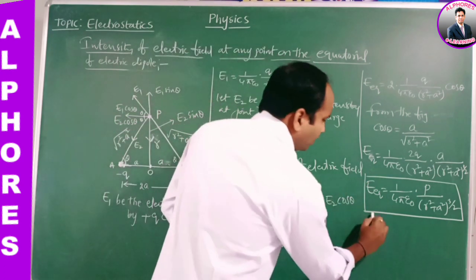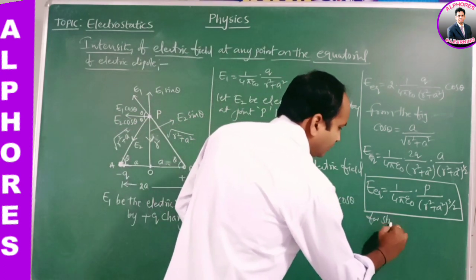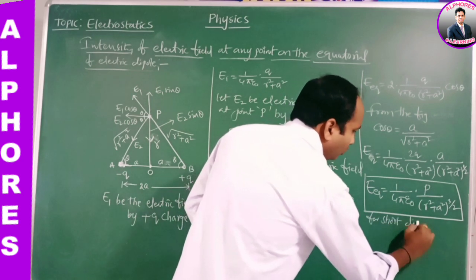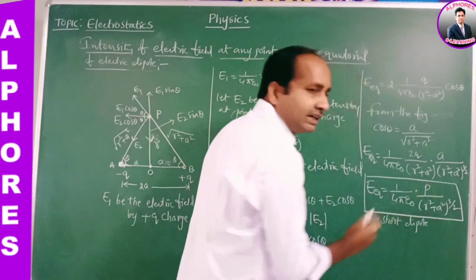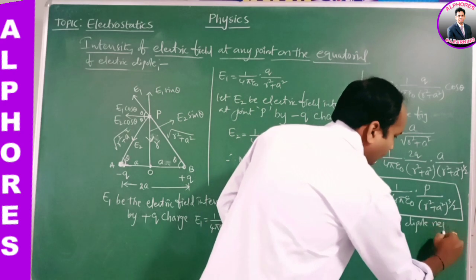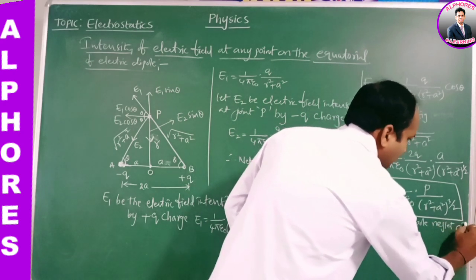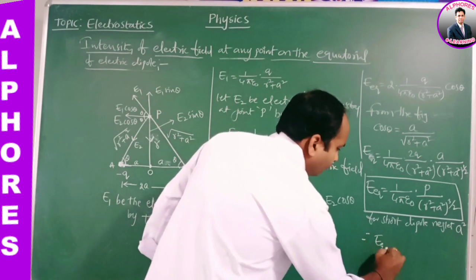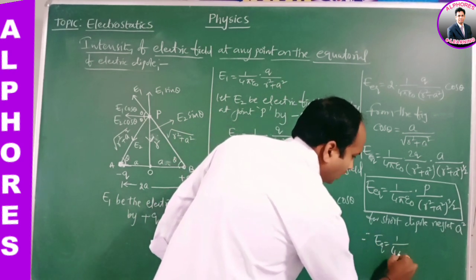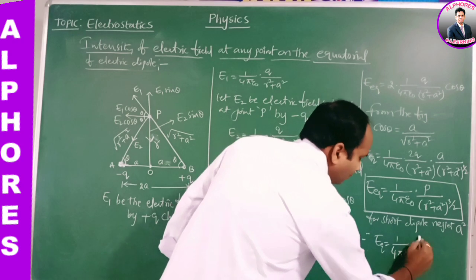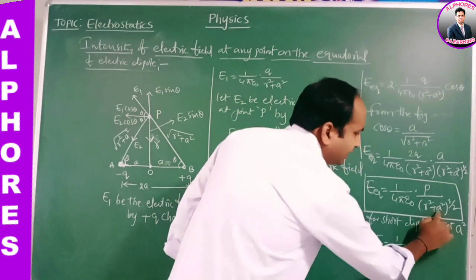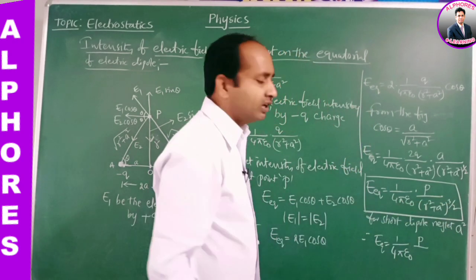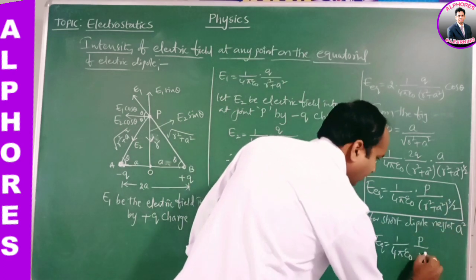Again, for a short dipole, neglect a square from this equation. What will we get? 1 by 4 pi epsilon naught, P by, neglecting this value, r square whole to the power of 3 by 2. The 2 gets cancelled, and you get r cube.